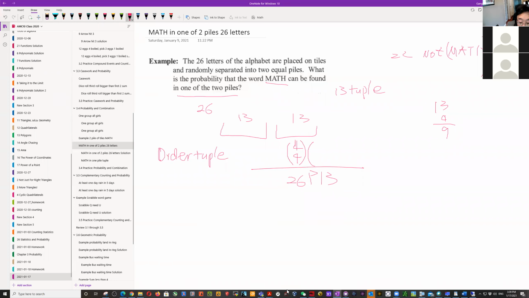So basically, I'm going to do 22 choose 9. And because this is ordered, I'm going to choose 4 letter positions for MATH, 4 letter positions out of 13.